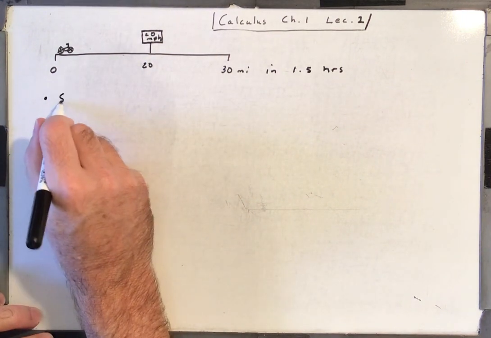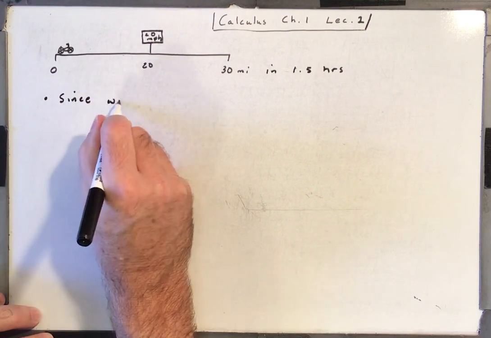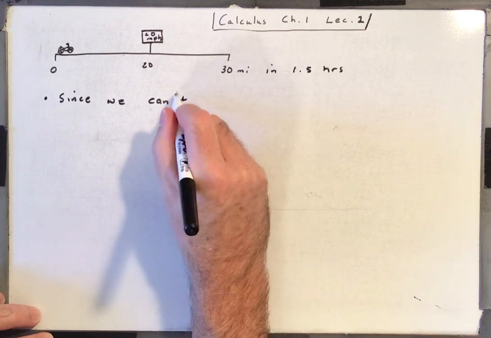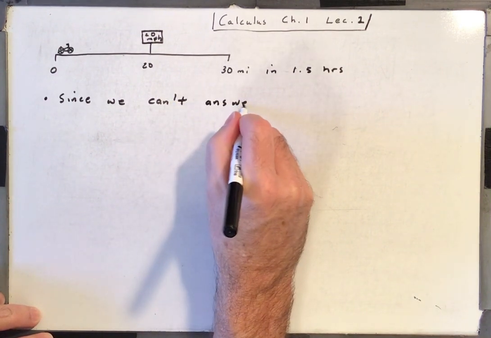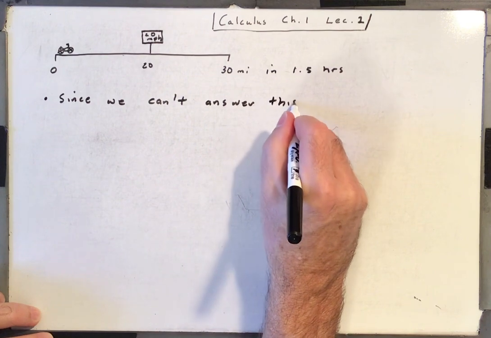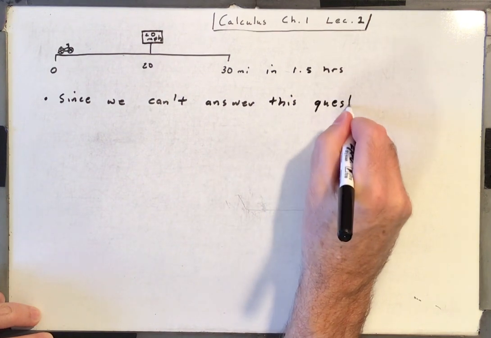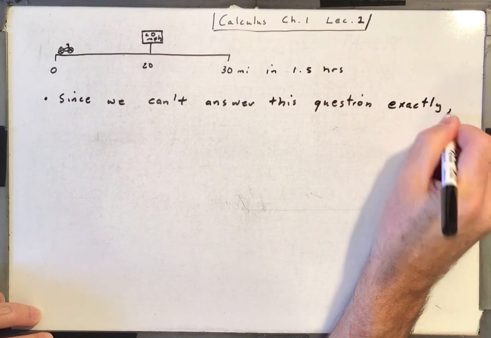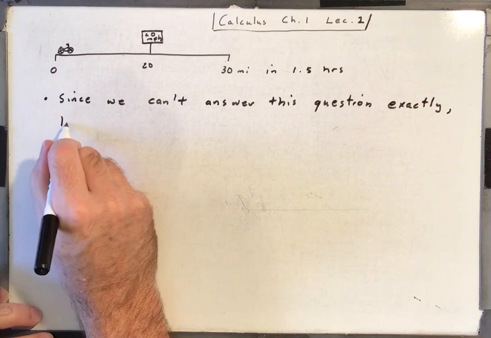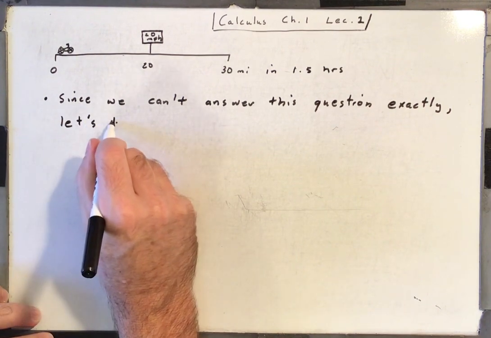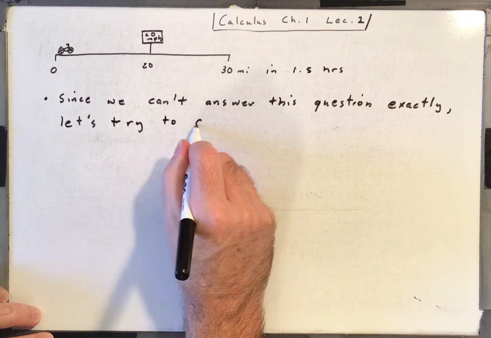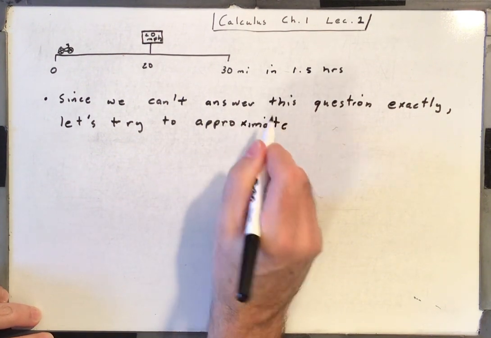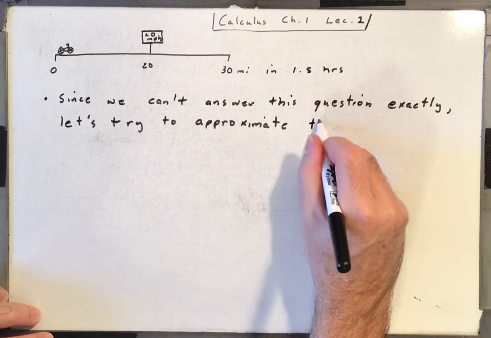So since we can't answer this question exactly, because we get a 0 over 0, let's try to approximate the instantaneous rate.